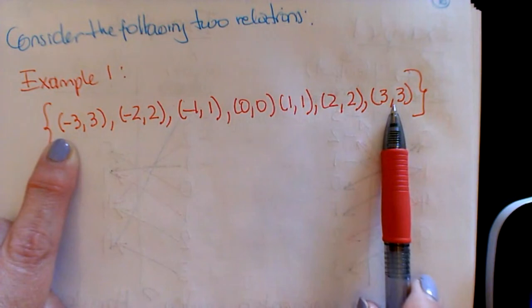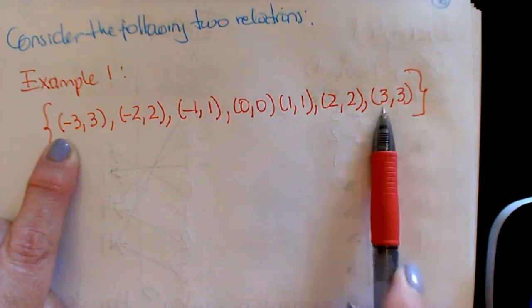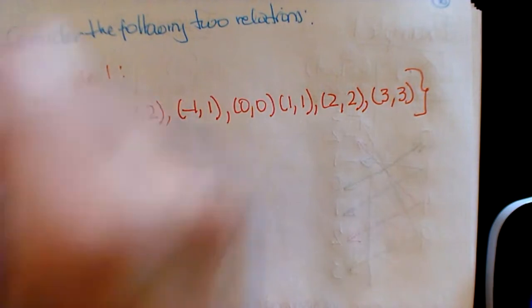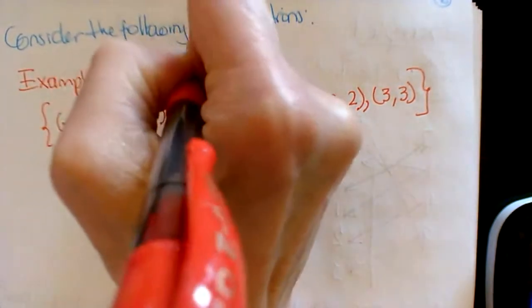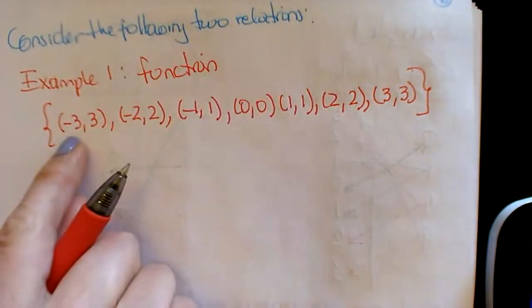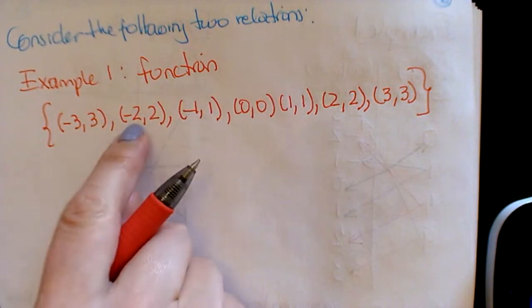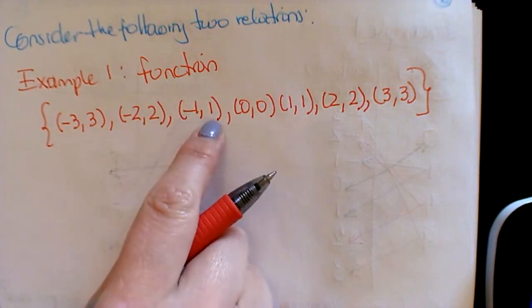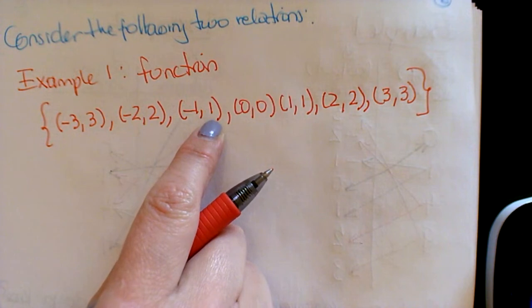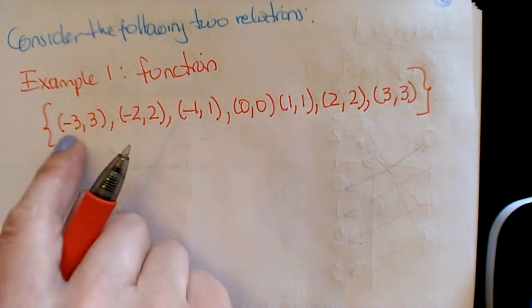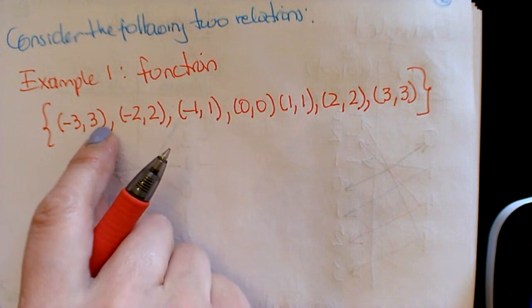So it seems to me like this is a function, right? -3 goes to 3, -2 goes to 2, -1 goes to 1. So every element of the domain, the x, corresponds to exactly one element of the range.